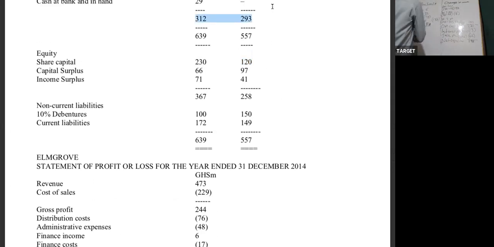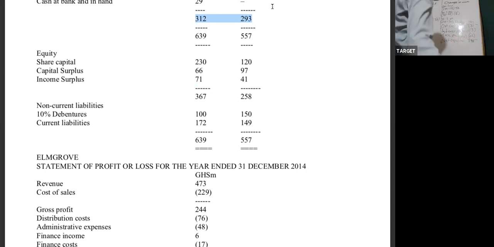So therefore, issue of shares for cash. Issue of shares for cash, 230 minus 120 minus 50. That will give us 60, and it's going to be positive.